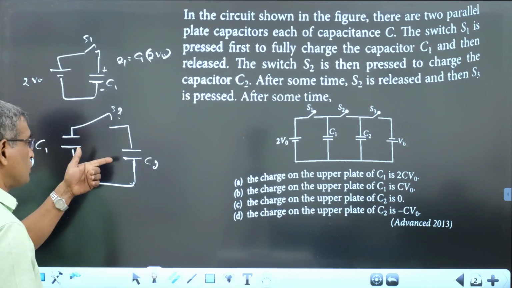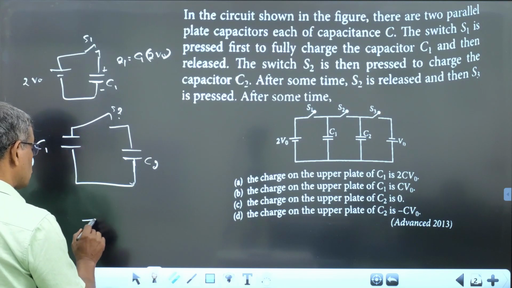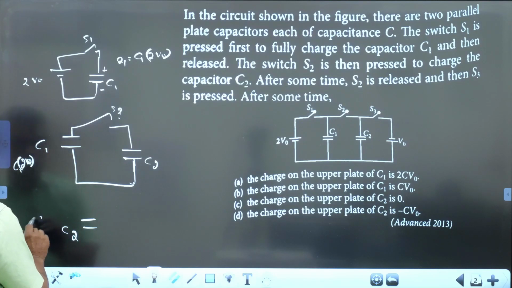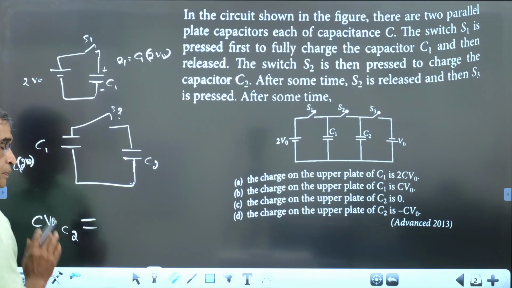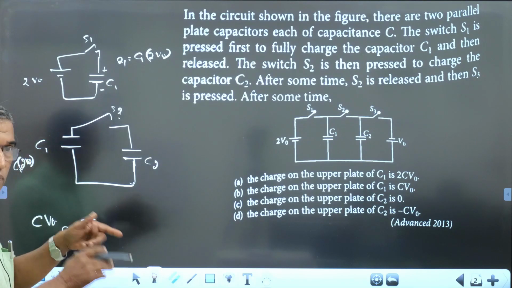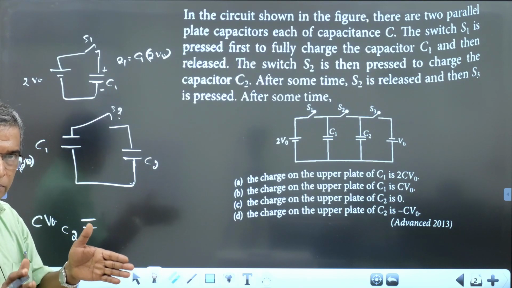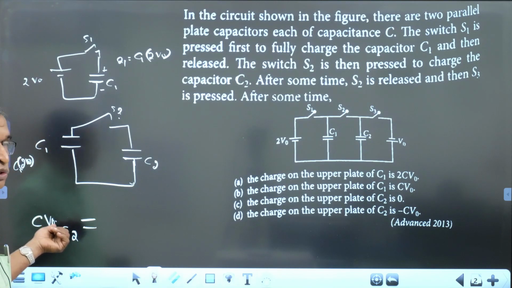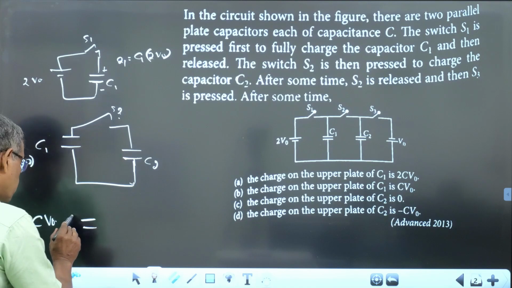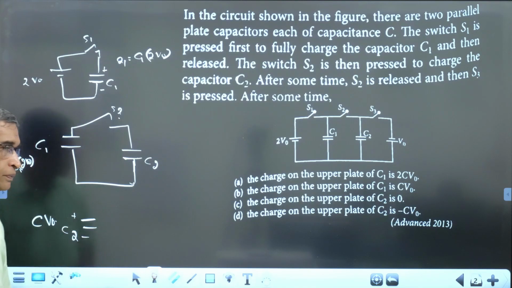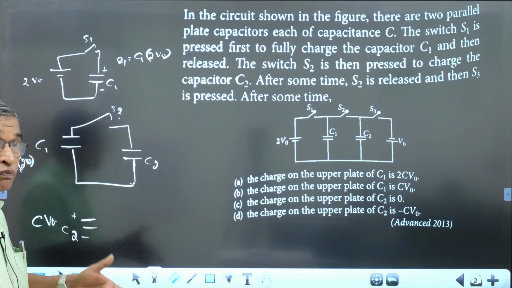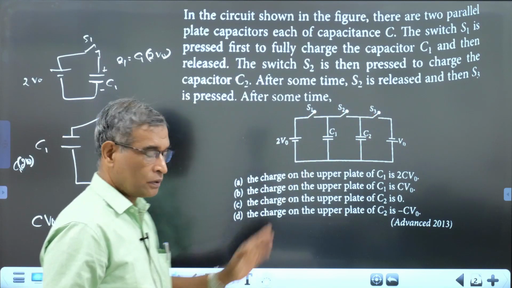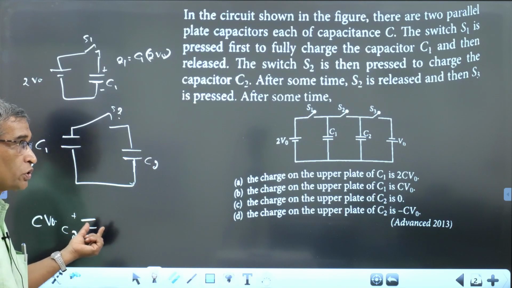So C2 has a charge equal to half of this, that is CV0, because C1 and C2 have the same capacity. Therefore 2V0 shared gives CV0 as the charge on this one, but this is plus and this is minus. This is the situation of our C2 after releasing S2 and before closing S3.